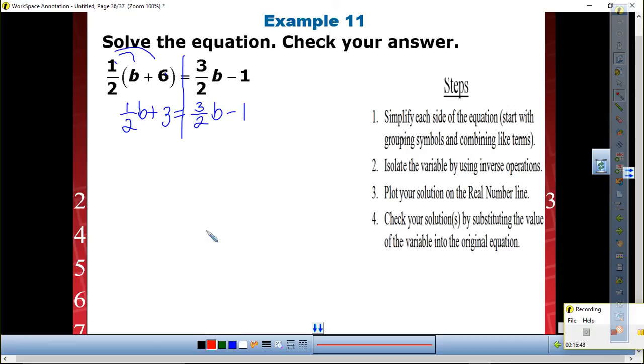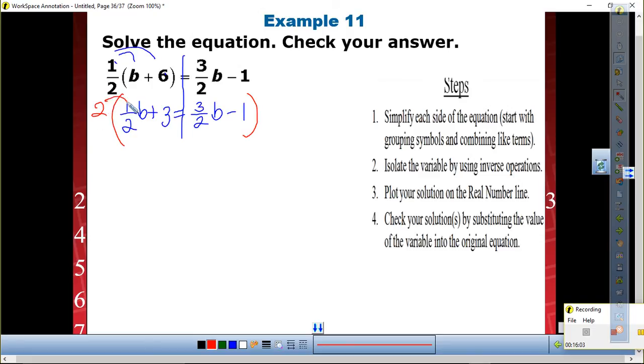Now, we have fractions on both sides of the equation. Do you want to get rid of the fractions? Yes. What is our common denominator? 2. So we're multiplying the entire equation times 2.